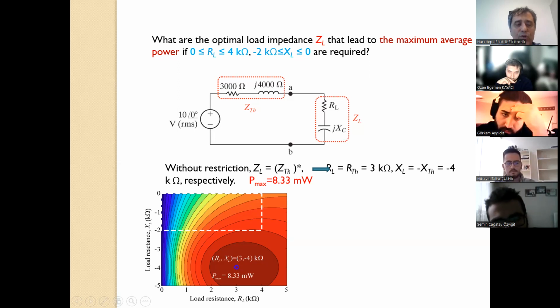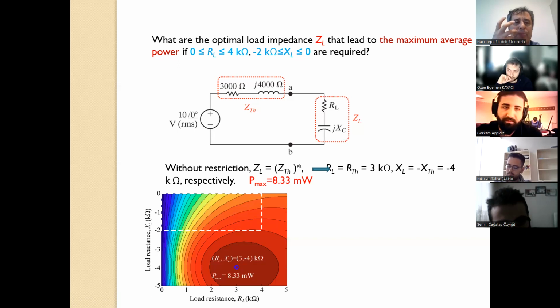You have to read load resistance from 0 to 5 k ohm, minus 5 to 0 k ohm, which means that there is no limit on the reactances, and then you can manage the optimum power, which is the maximum average power transfer, on this blue dot here at the, let's say, reddish or dark reddish area. Okay, actually it shows the optimization problem in this plane.